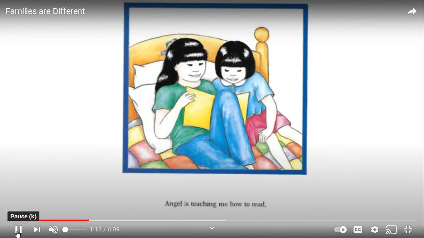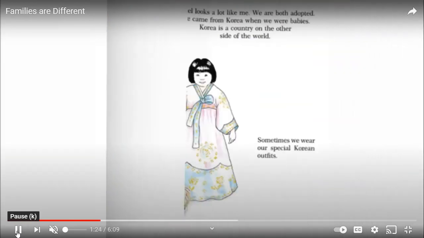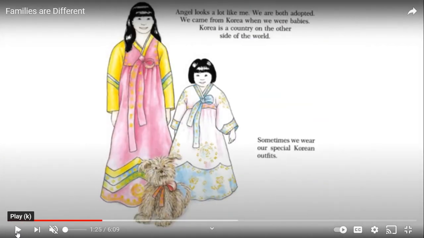Angel is teaching me how to read, but I don't always pay attention. Angel looks a lot like me. We are both adopted. We came from Korea when we were babies. Korea is a country on the other side of the world. Sometimes we wear our special Korean outfits.